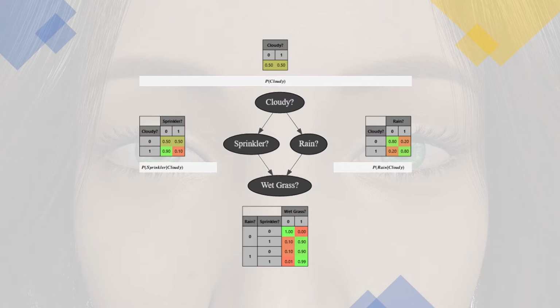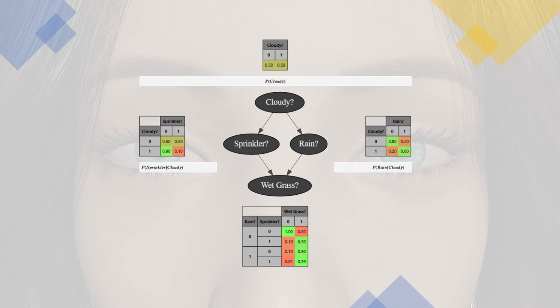The sky being cloudy influences both the sprinkler being on and the rain being present. Since there is a causal relationship between the sky being cloudy and the sprinkler and the rain being present or not, the probability of the sprinkler to be on and off depends on the sky to be cloudy or not.